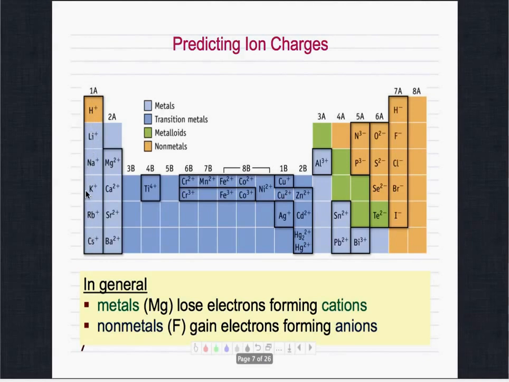This is why all of them have X plus as a cation. Why do they do that? If they lose one electron, they're going to look more like, electronically, and we're going to talk about electronic configuration and how to write that in chapter 6, when they lose one electron, they will have exactly the electronic structure of the noble gas. And the noble gases are the happiest out there.